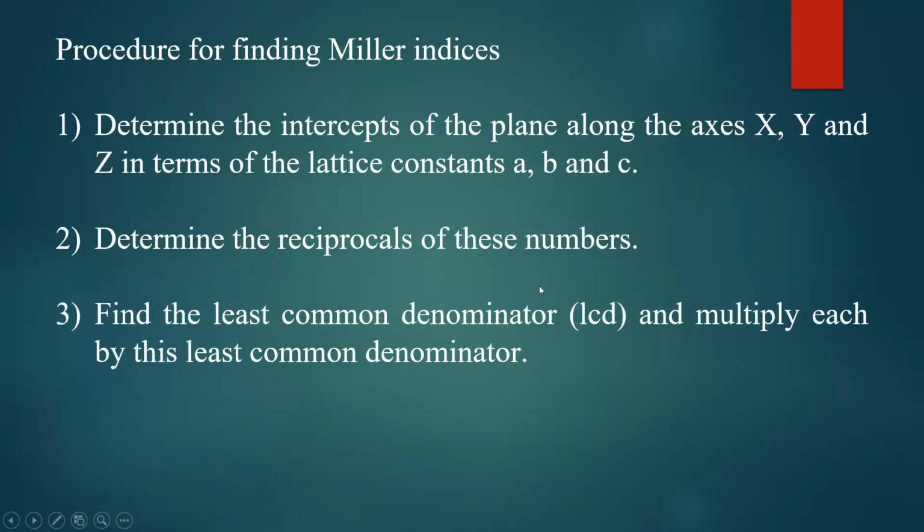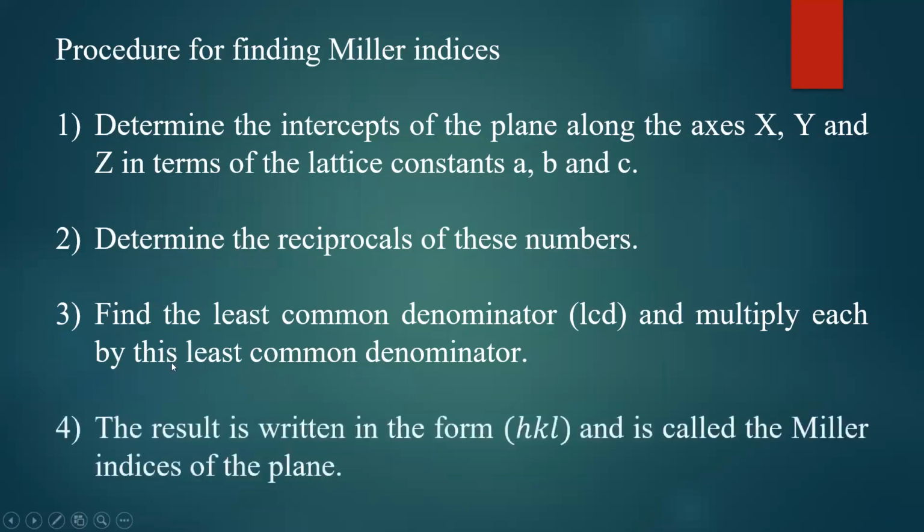So after taking the reciprocals, you find the least common denominator of these three numbers, which are found in the denominators. After that, you multiply each number by this least common denominator.